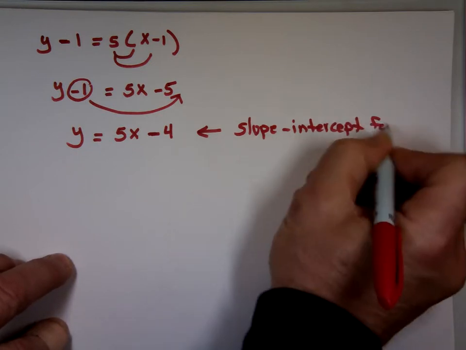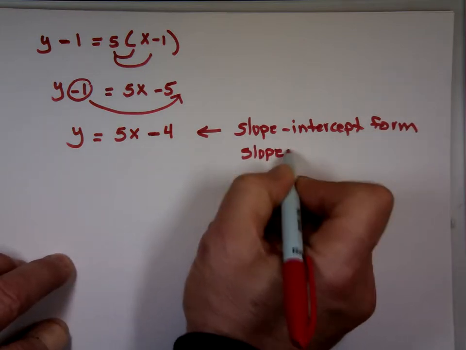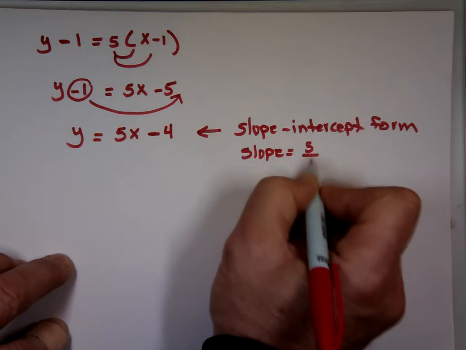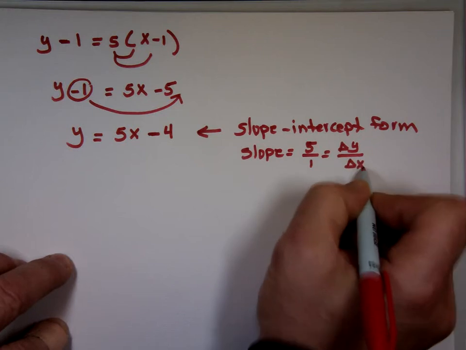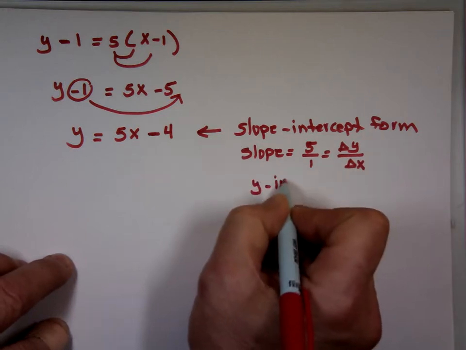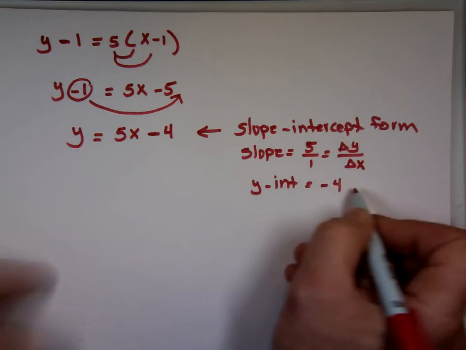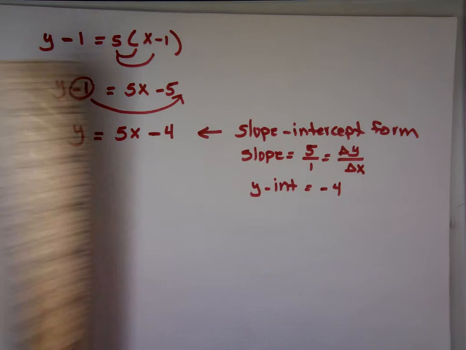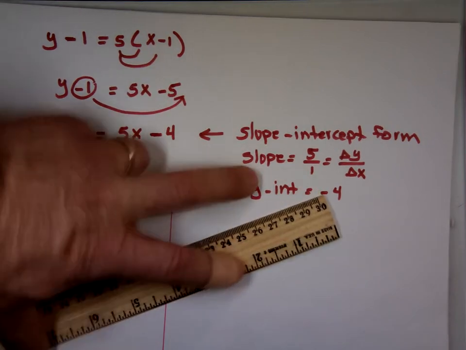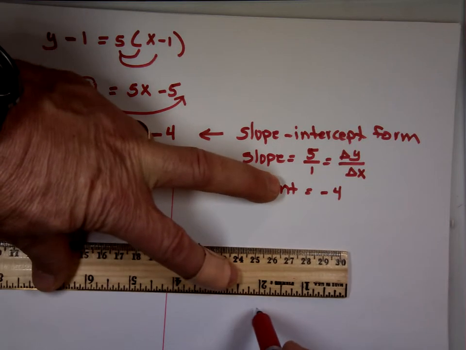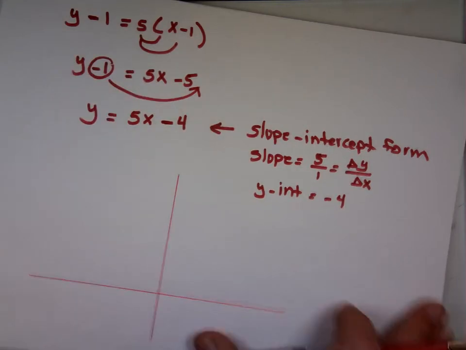Again, the reason we call it slope-intercept is because we know what the slope equals: 5 or 5 over 1. And that's the change in y over the change in x. And the y-intercept is what? -4. I can do over 1. I just need the slope to be a fraction, so I know which one's which, the change. We're going to graph it.